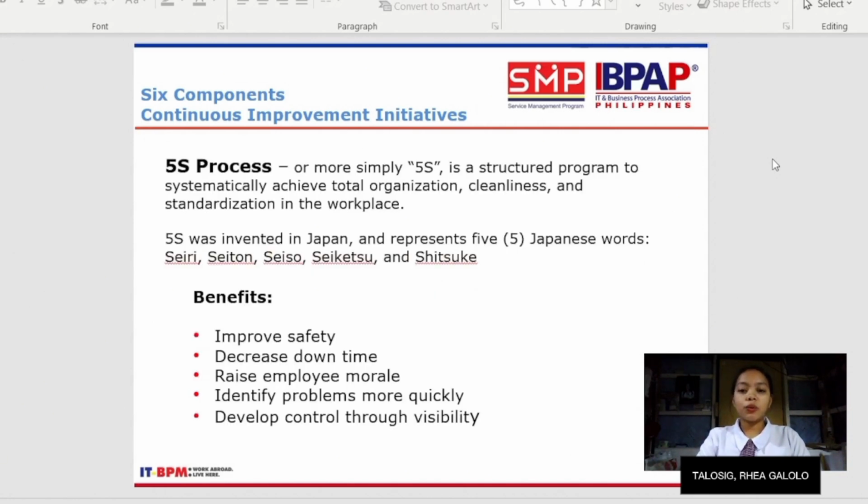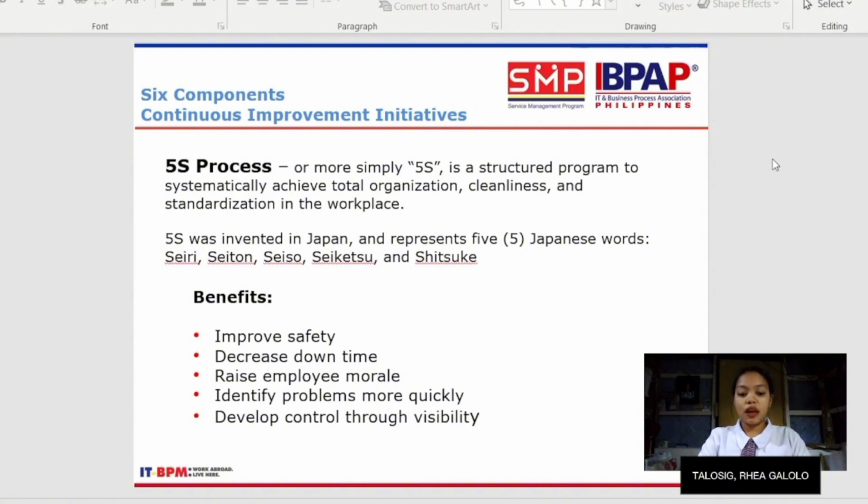The 5S process, or more simply 5S, is a structured program to systematically achieve total organization, cleanliness, and standardization in the workplace. 5S was invented in Japan and represents five Japanese words: Seiri, Seiton, Seiso, Seiketsu, and Shitsuke. 5S focuses on putting everything where it belongs and keeping the workplace clean, which makes it easier for people to do their job without wasting time and risking injuries.